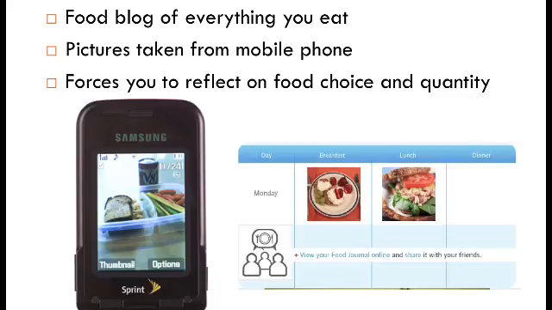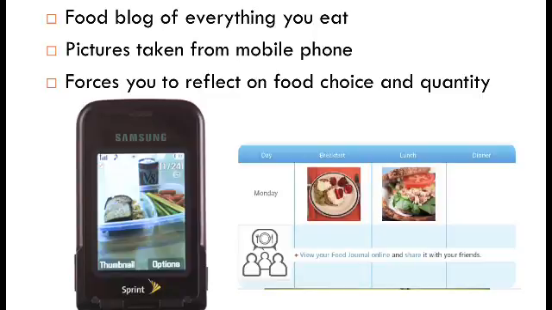An example called My Food Phone was basically a food blog, and it was a very simple application. All you had to do was take a picture of everything you ate. And it made a little food blog, a pictorial food blog, showing you breakfast, lunch, dinner, any snacks throughout the day, and you could just look at what you were eating. And by just looking at what you were eating, you could see the unhealthy patterns.